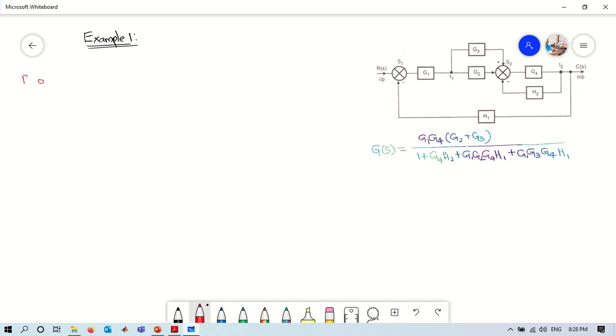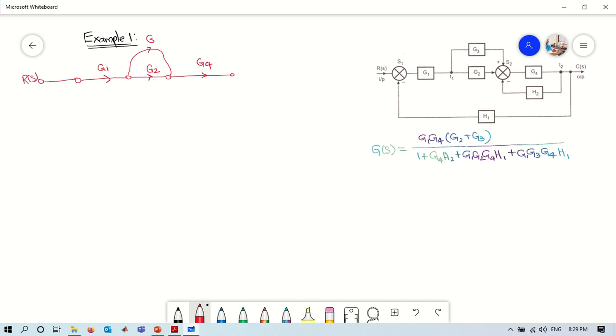So let this be the initial node R of S. Here I have the gain of G1, G2, G4.